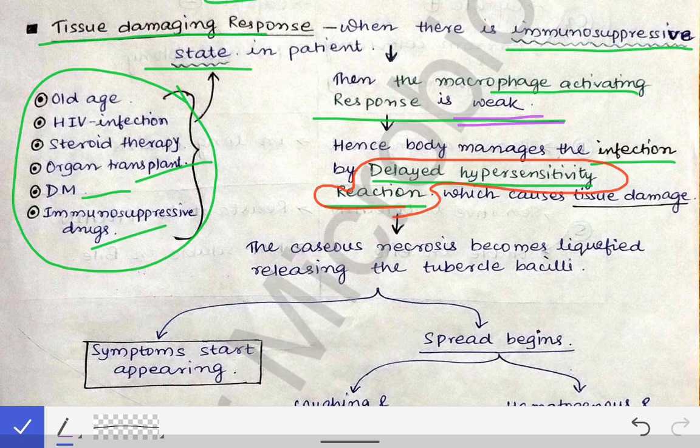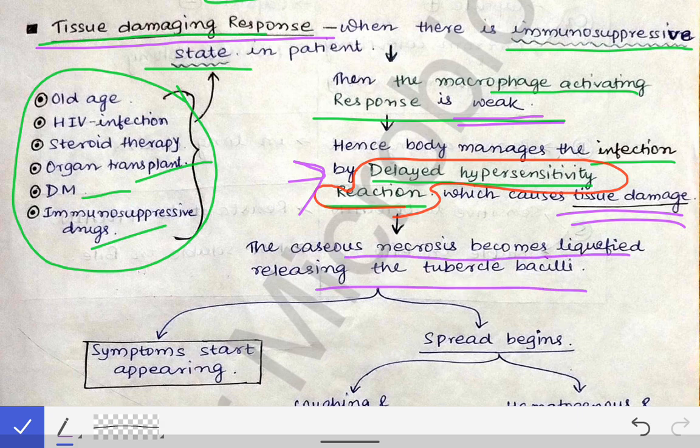And we know that hypersensitivity reactions always cause some damage to the body also, because they are hypersensitive, that means more sensitive, and they cause damage to the body as well. So this hypersensitivity reaction is the cause of the tissue damage, and that's why it is called the tissue damaging response. Now when there occurs the tissue damage due to that delayed hypersensitivity reaction, then this caseous necrosis becomes liquefied, releasing the tubercle bacilli.